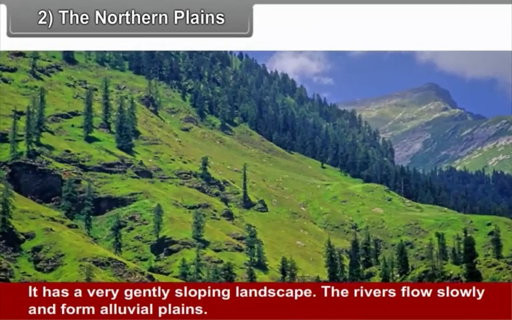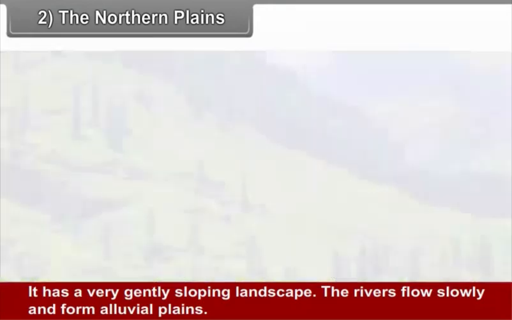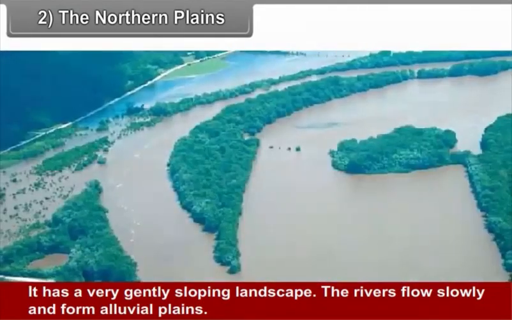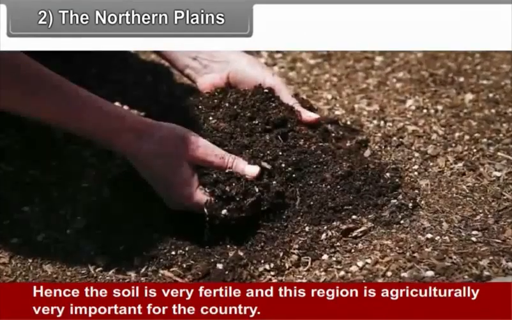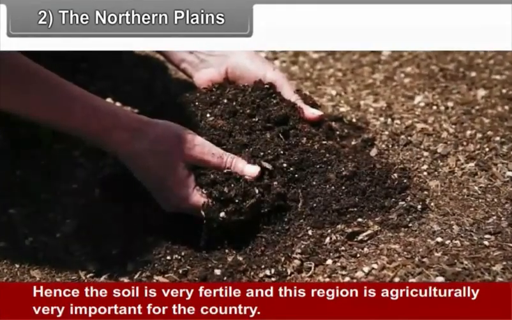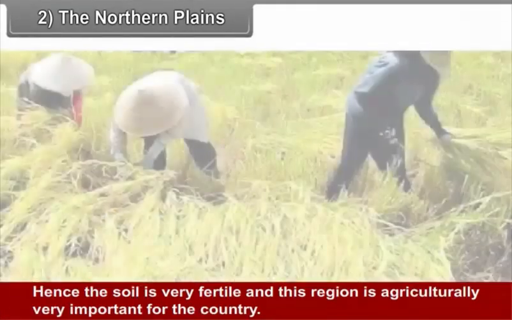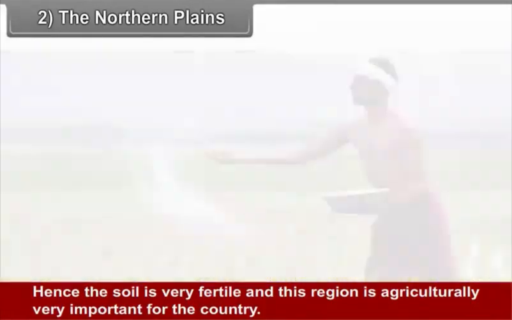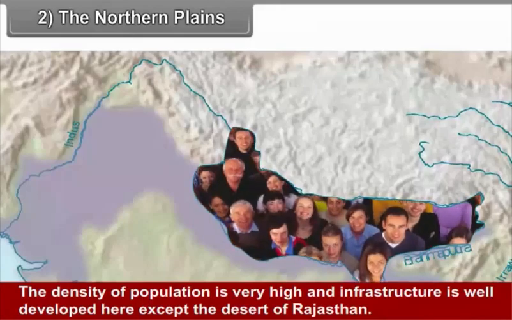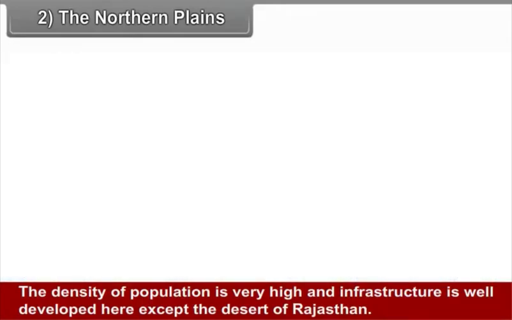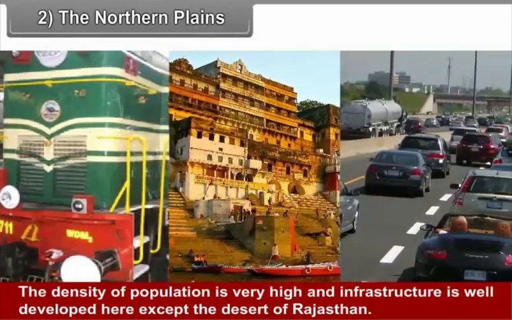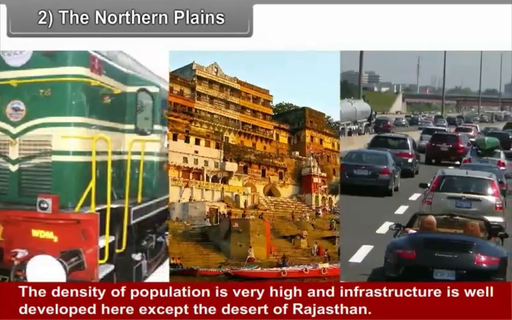It has a very gently sloping landscape. The rivers flow slowly and form alluvial plains. Hence, the soil is very fertile and this region is agriculturally very important. The density of population is very high and infrastructure is well developed here except the desert of Rajasthan.